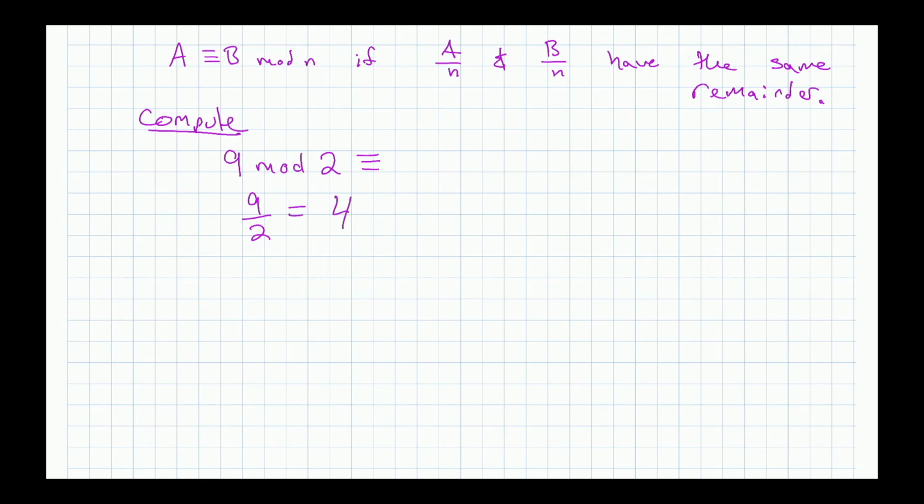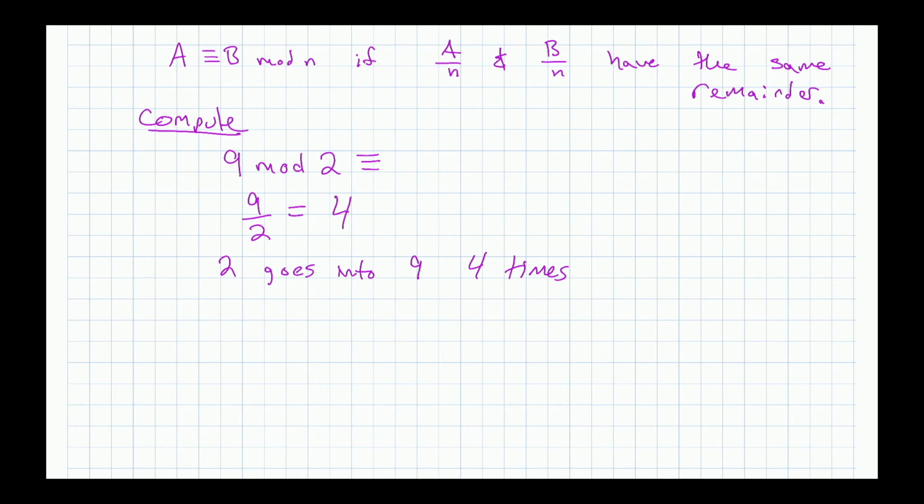You have to think about elementary school math, before you knew how decimals worked. 2 goes into 9 4 times. 2 times 4 is 8, so the remainder would be 1.